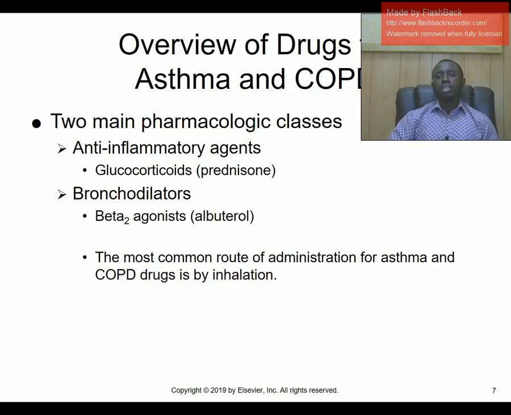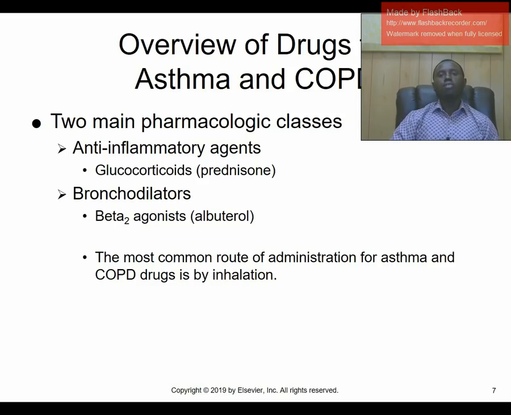Asthma and COPD treatment includes anti-inflammatory drugs and bronchodilators. These are the two main pharmacologic classes of drugs used for the treatment of asthma and bronchitis. The anti-inflammatory drugs are going to stop or impede the inflammatory process, and the bronchodilators are going to help the bronchi to expand so that there can be ventilation.